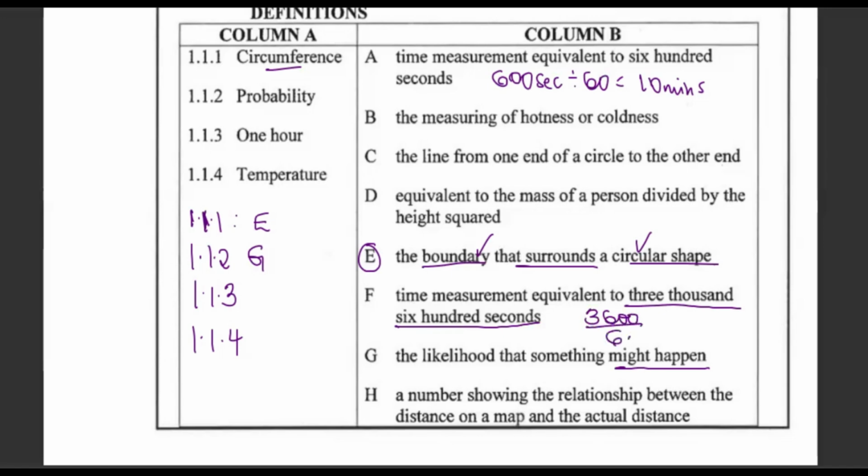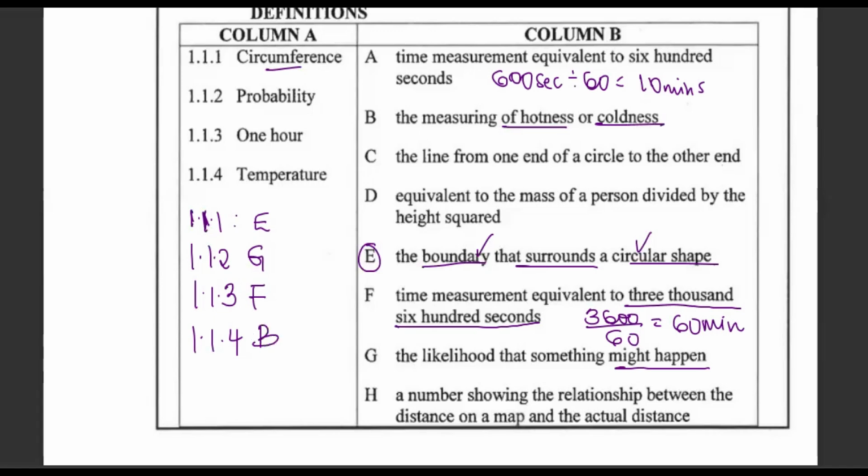We divide by 60, we get 60 minutes. And indeed, we know 1 hour has 60 minutes. So the right answer here is F. 1.1.4, temperature. Temperature is all about measuring hotness or coldness. So here the answer becomes B.